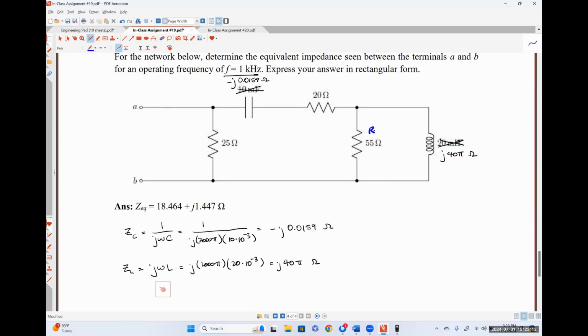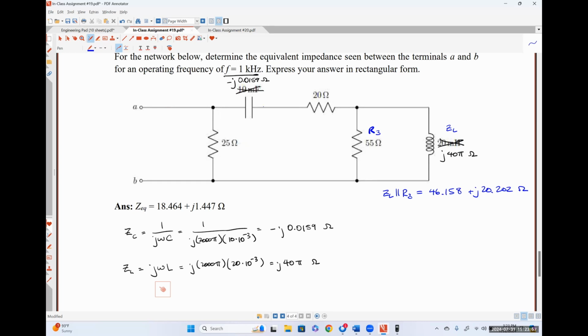I'm going to call this R3 and this ZL. ZL in parallel with R3 comes out to be 46.158 plus j 20.202 ohms. I'm storing that in my calculator as Y, by the way.